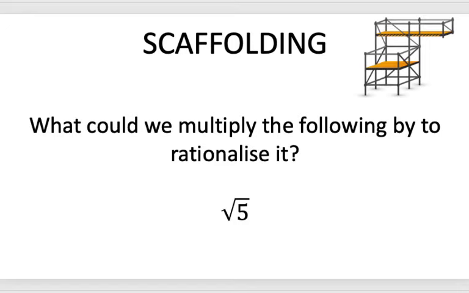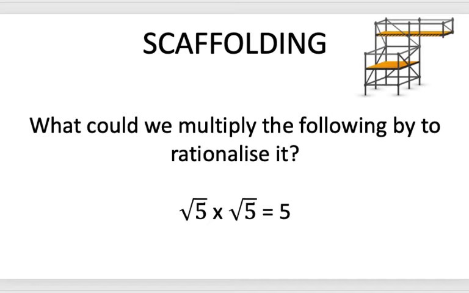And we saw just a moment ago that if we had root 5, I can times it by root 5 and get 5. So when we're thinking of this type of question, and we've been presented with, well, rationalise a particular number, really, and if it's a surd, times it by itself. So root 7 times root 7 would give me 7.